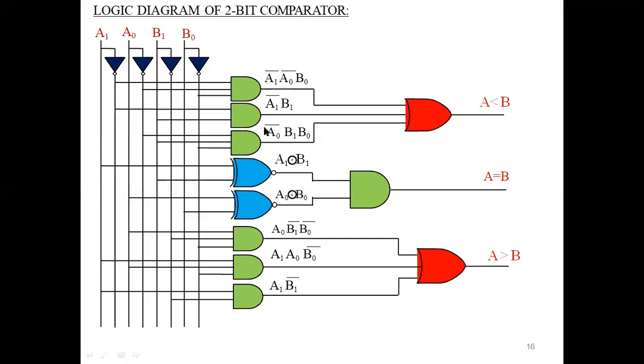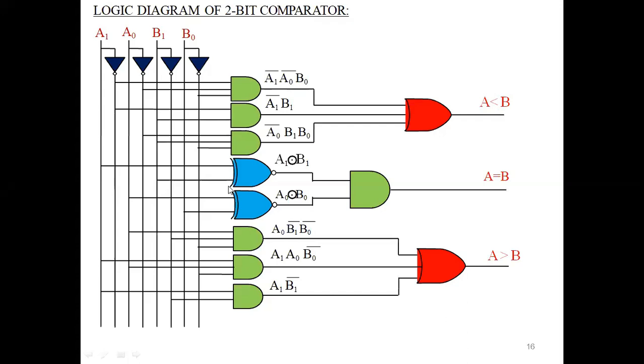And here also A1 dash and B1. A1 dash is nothing but A1 complemented, that is 0, and B1 is next. Here we will see, A1 is equal to 1 and B1 is equal to 1.